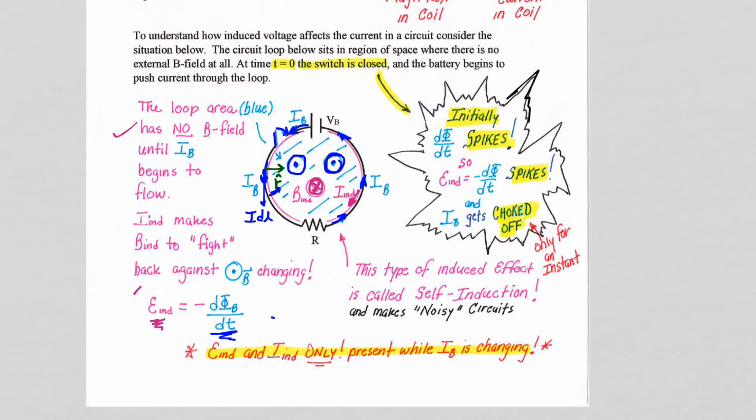And also please get into your notes this bit over here, this exploded comment, because right at time t equals 0, you have an enormous change in the flux. You go from no flux to some flux, nothingness to somethingness. That's huge. That's an enormous change. And the induced EMF right at time t equals 0 for that one instant only will match the current trying to flow.